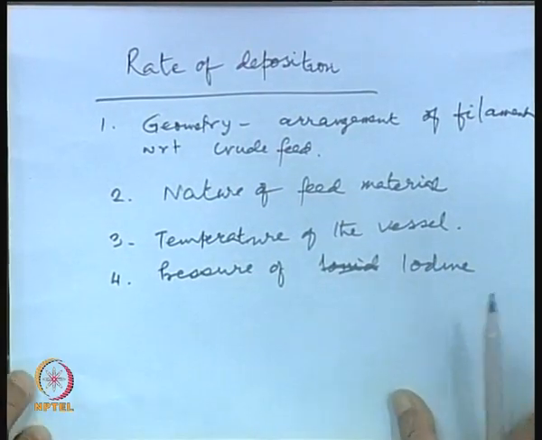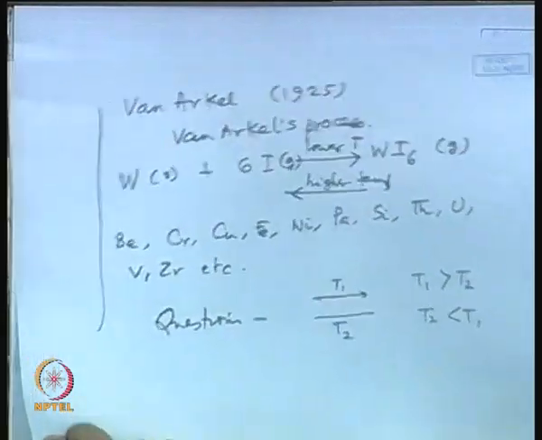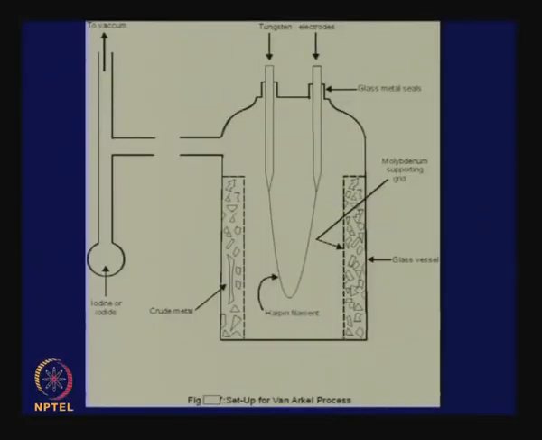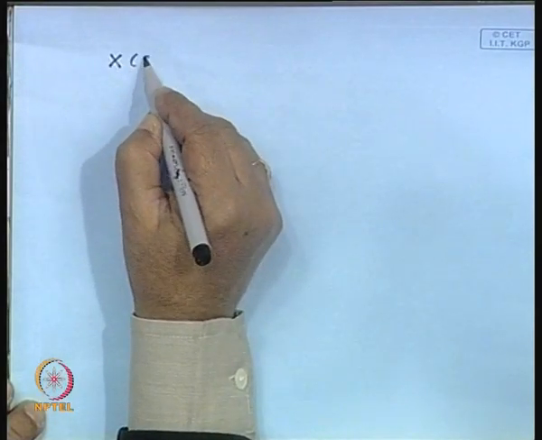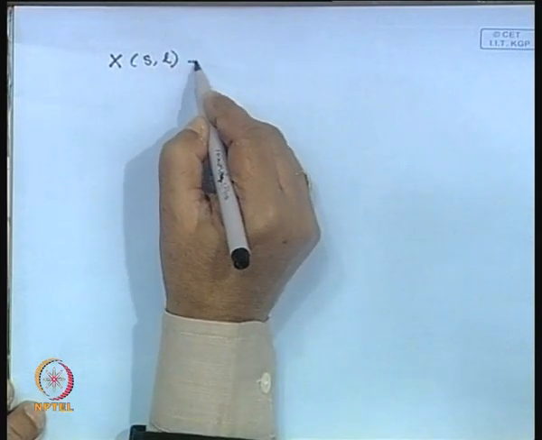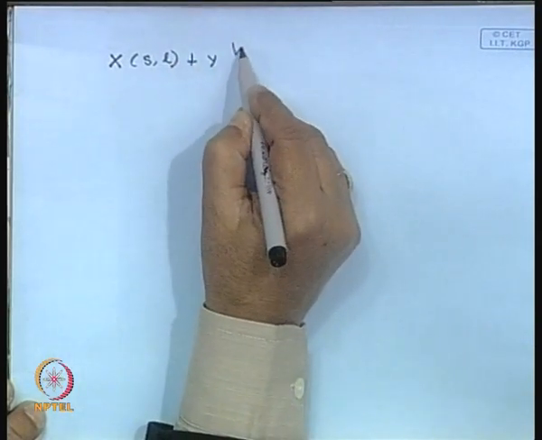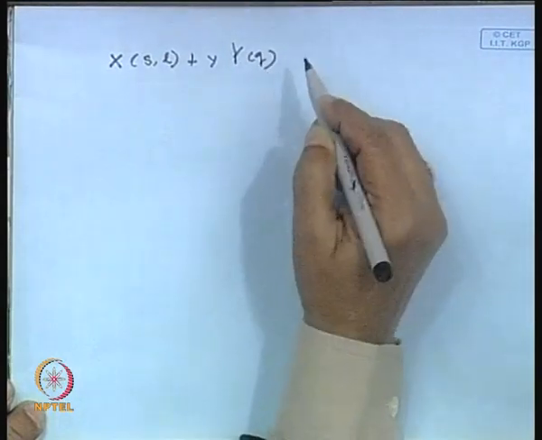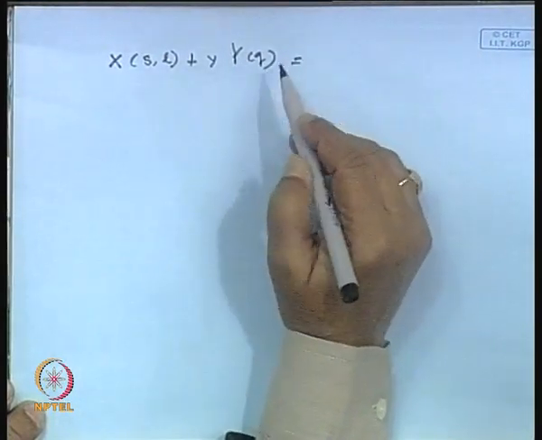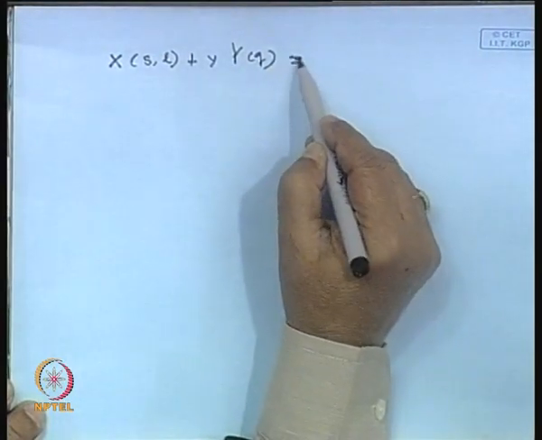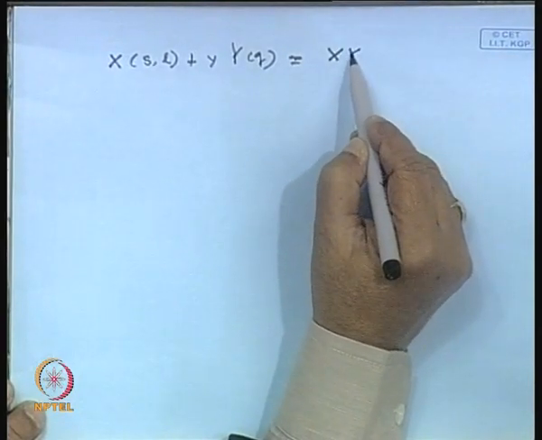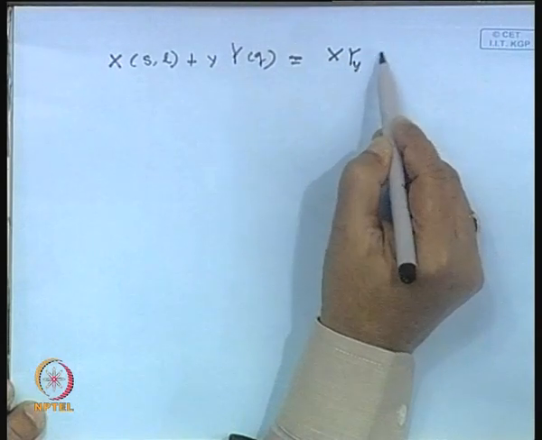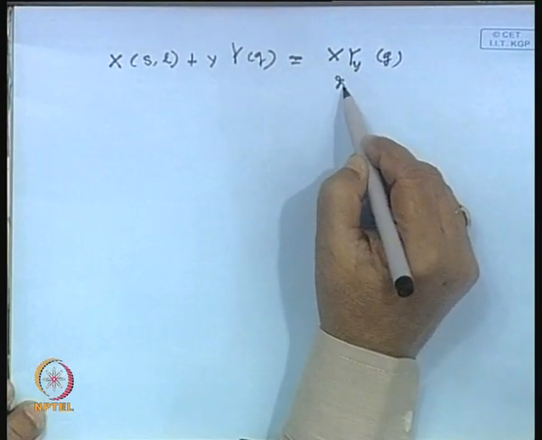Let us look at this reaction in a little more detail. Essentially, the reaction is that a metal X, solid or liquid, is reacting with a gas Y to generate an intermediate gas. This is the intermediate gas.